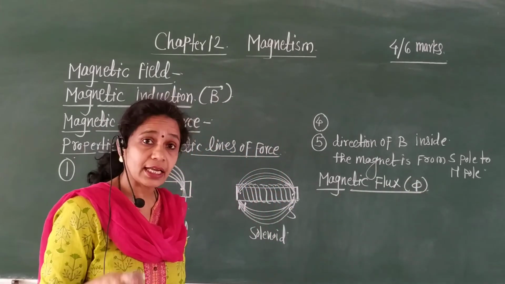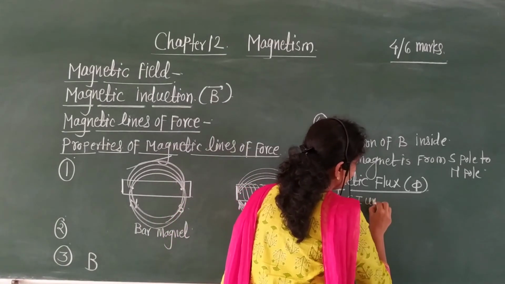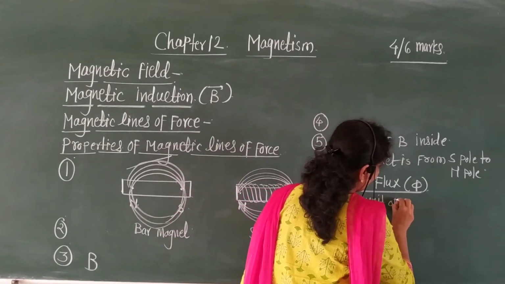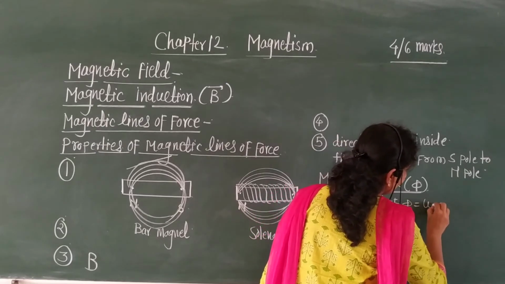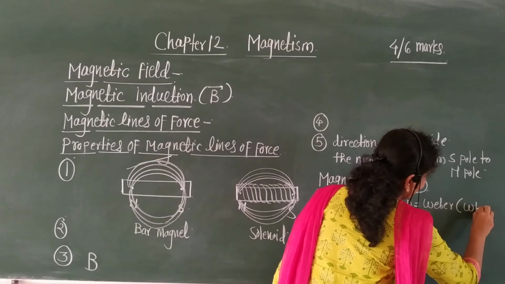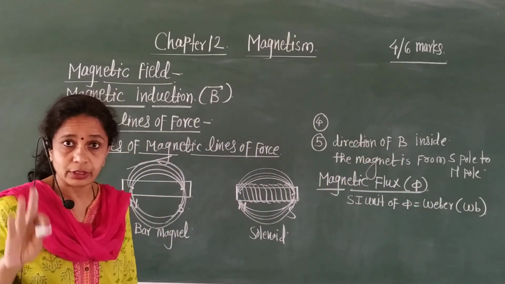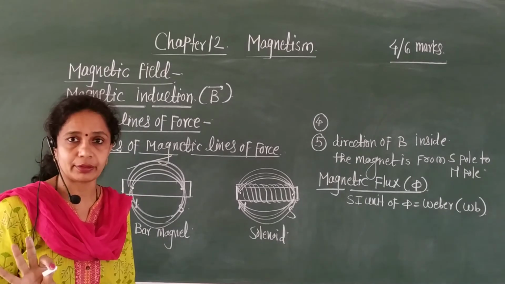What is the SI unit of phi? SI unit of phi is the Weber, name of the scientist, and it is denoted by WB, not only W, WB for Weber.